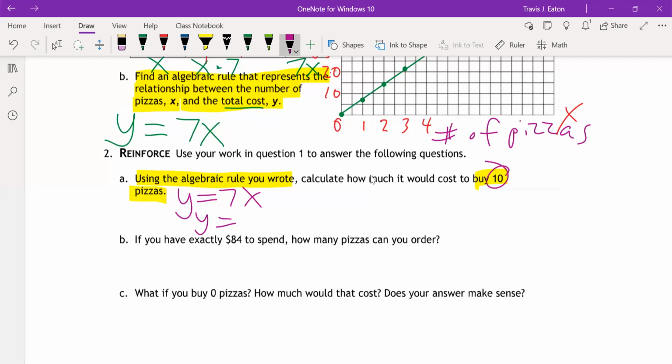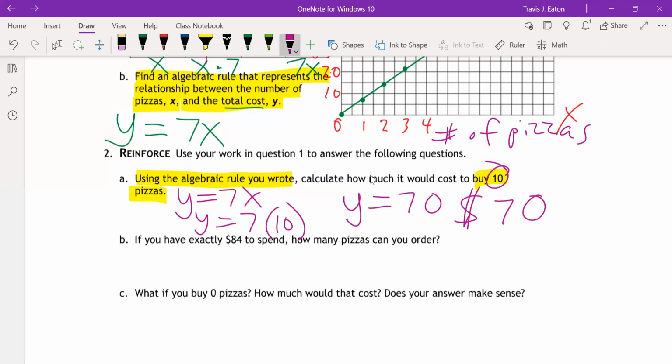Y equals 7 times 10. Make sure you're writing this down in your book, because if all you do is skip to the end and write the answer, you're missing out on the most important part. The answer isn't the most important part. It's how you get there. Now, 7 times 10 is, of course, 70. So y is equal to 70.